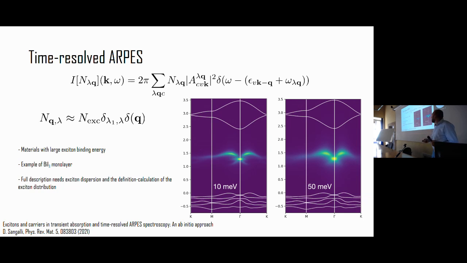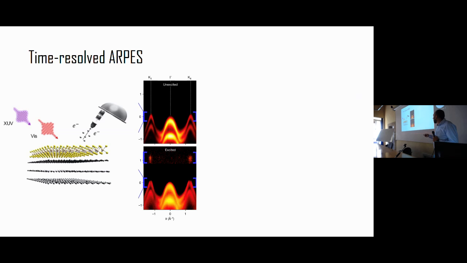Yeah. The technique is clear. You excite with a pump, and you do ARPES on top of an excited material. You sum the total current that you Fourier transform, or you select specific K contributions. I think you select a specific K point, a specific path.